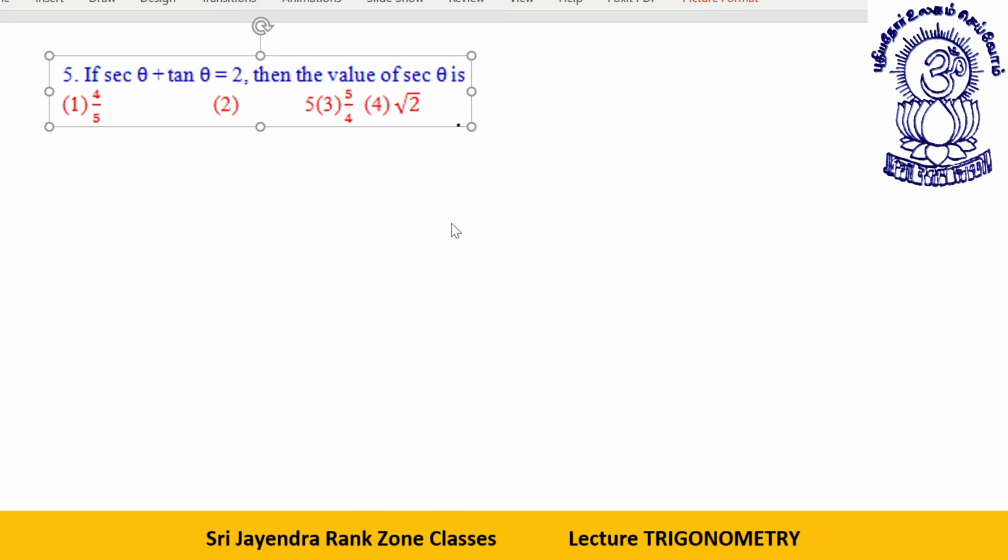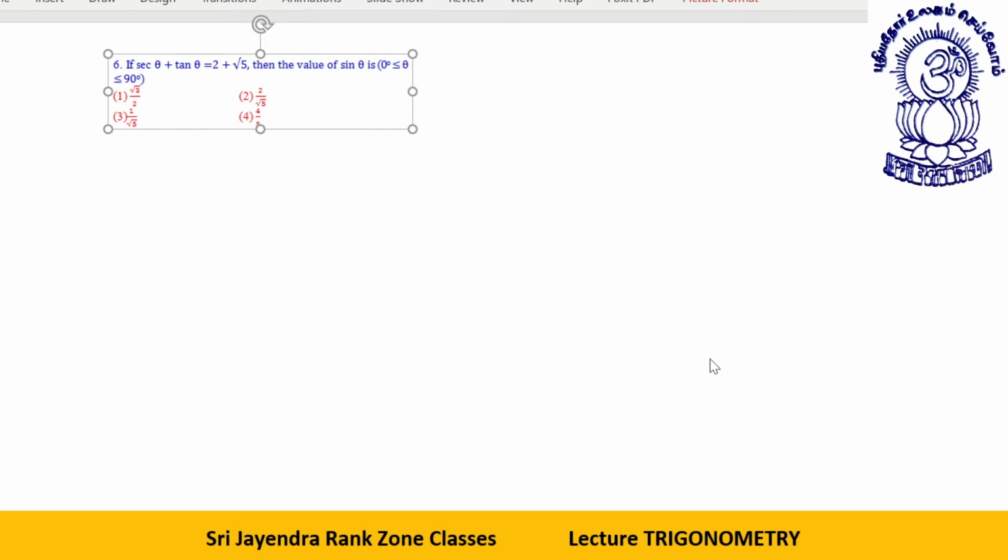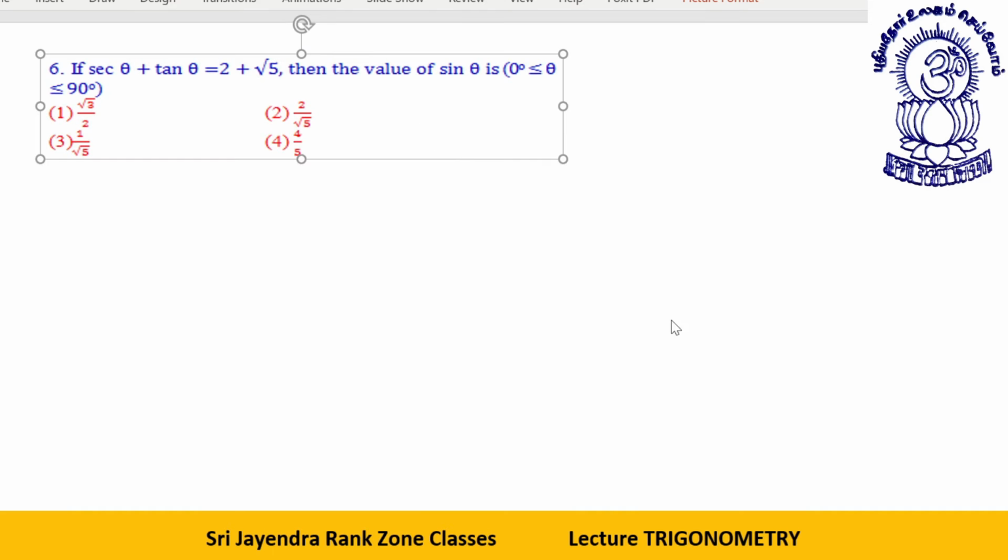Sorry, we have done this. You have sec theta plus tan theta is equal to 2 plus root 5, then the value of sine theta is, see dear students, how to do this.